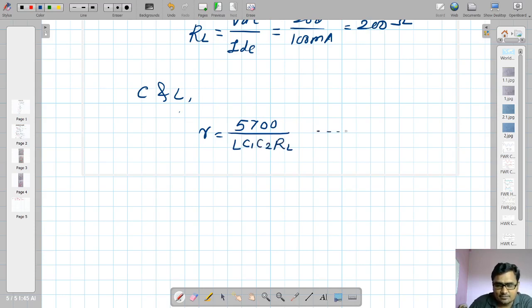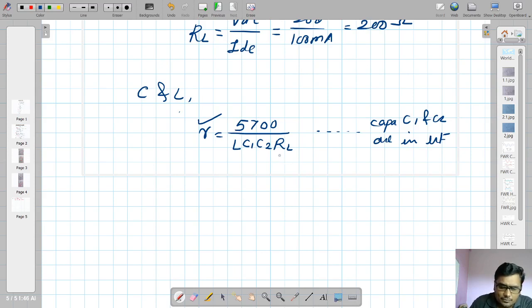But for this equation, what is the condition? The capacitors C1 and C2 are in microfarad, that is 10 raised to minus 6. That is the constant for the equation. Now the ripple factor is given, is it?